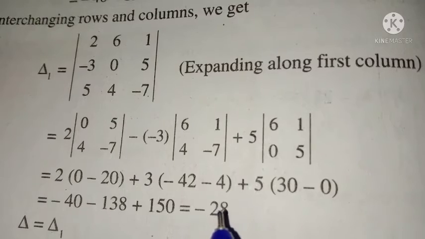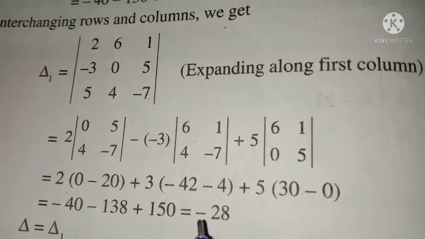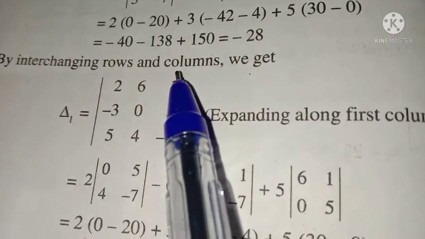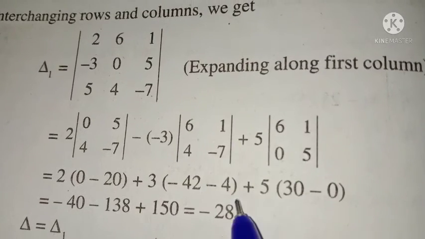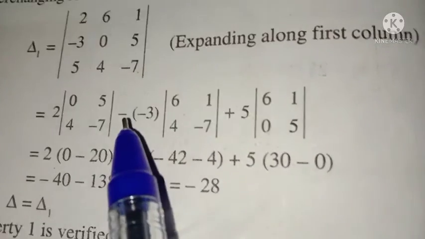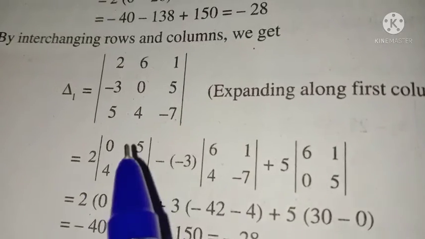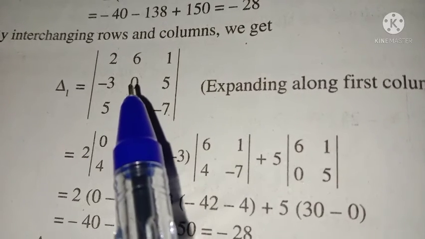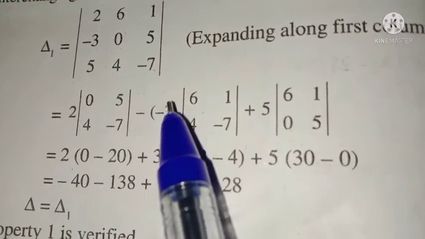This gives minus 28. So, if we interchange rows and columns, the result is the same, minus 28. So, that is the first property. If we interchange the rows and columns, then the determinant value remains constant.